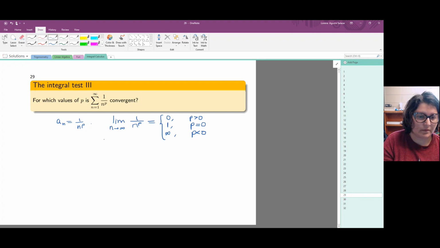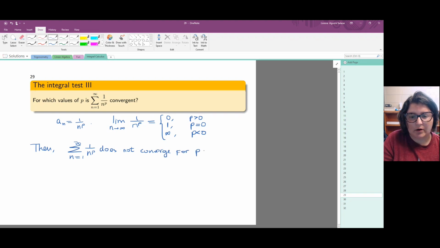Then from that limit that we just found, we can say that the series does not converge for p 0 or negative. And that's by the nth term test.